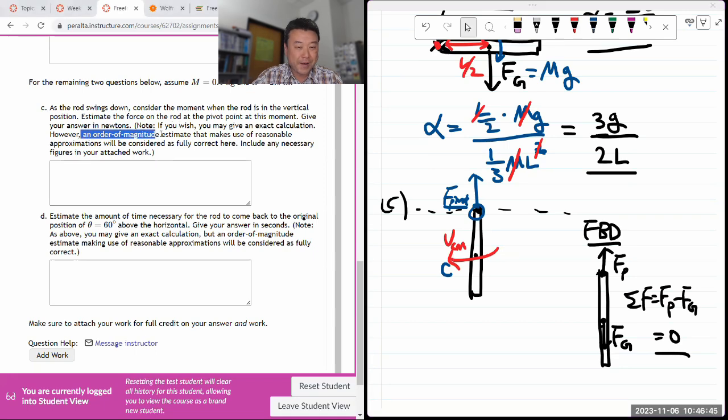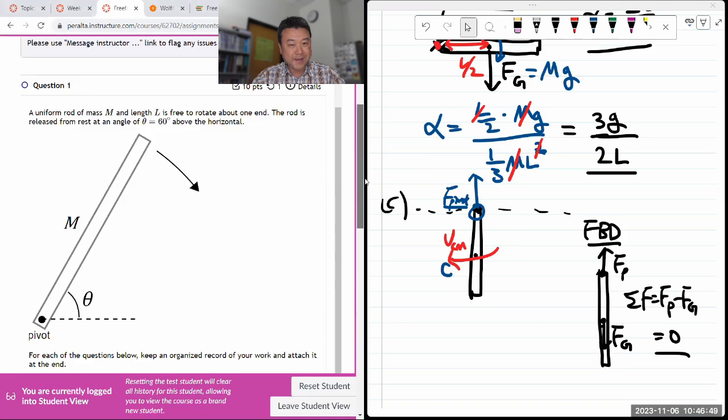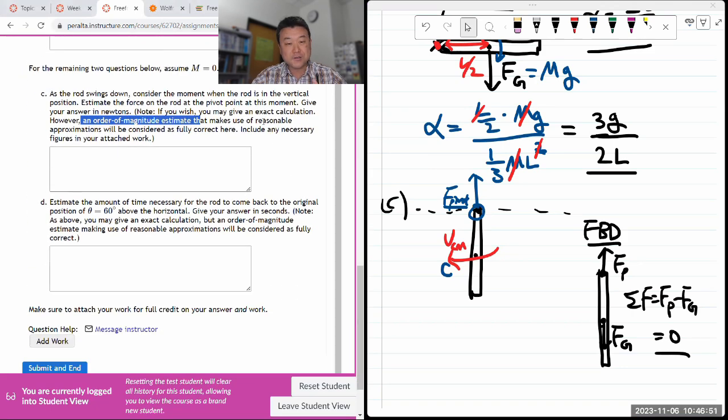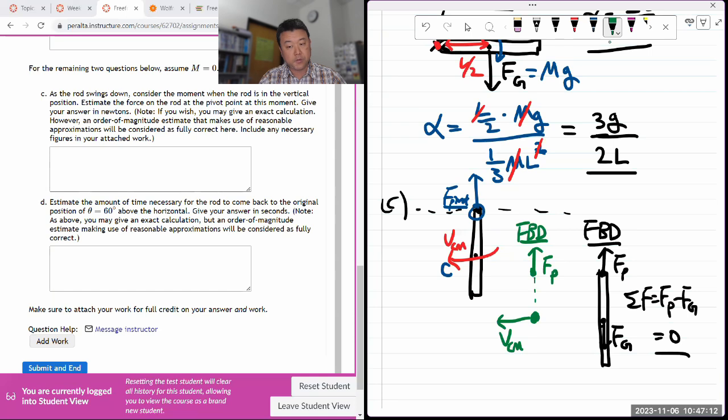But an order of magnitude estimate is fine, and I think I have only like 5 minutes left, so I'm going to do this alternate picture, one that makes the calculation doable. I have the pivot force that I'm considering, and I'm going to treat all of my mass as if it's at the center of mass, moving at speed v cm at that point.